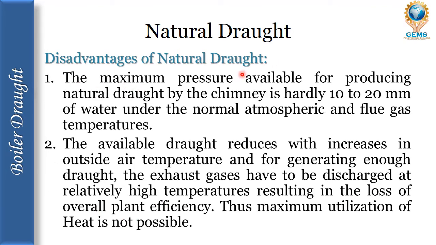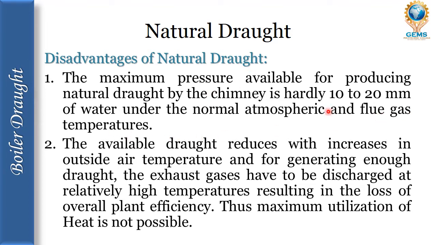Disadvantages of natural draft. Even though it has several advantages, there are some disadvantages. The maximum pressure available for producing natural draft by the chimney is hardly 10 to 20 mm of water under normal atmospheric and flue gas temperatures.